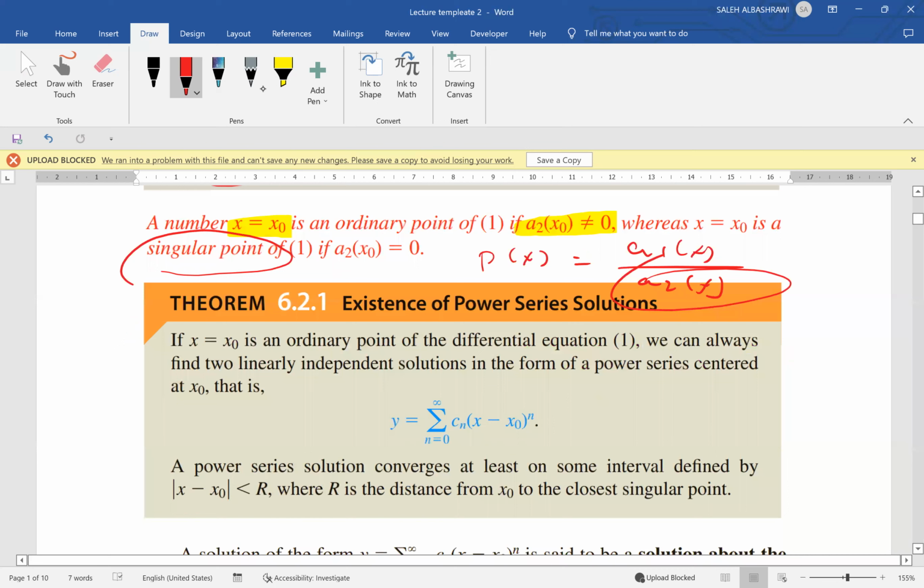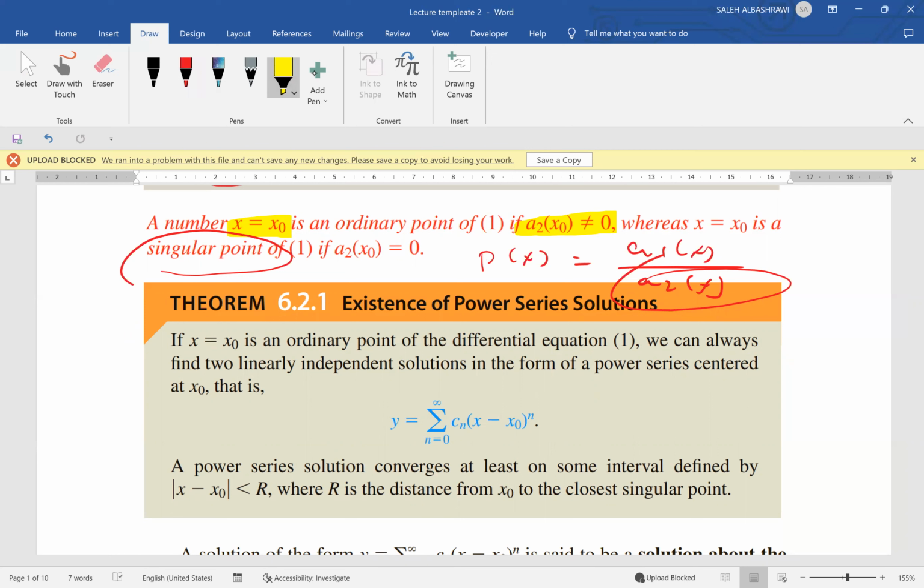Now we can think about the existence of power series solutions. If x equal to x sub 0 is an ordinary point of the differential equation 1, then we can always find two linearly independent solutions in the form of a power series centered at x sub 0.